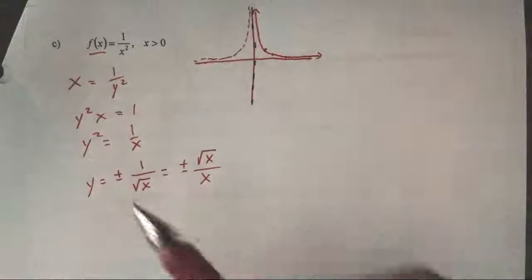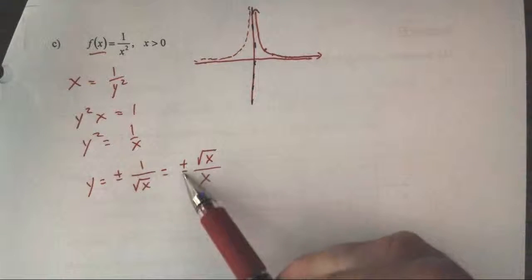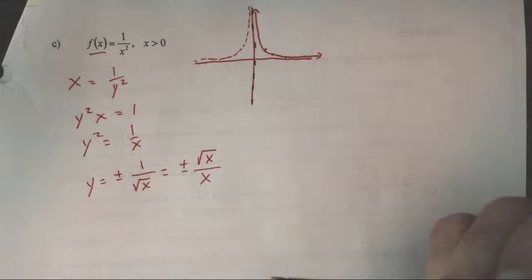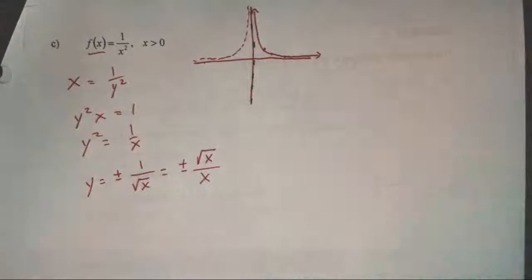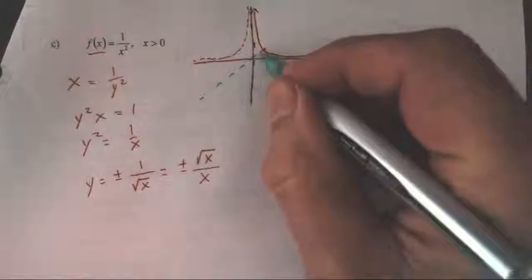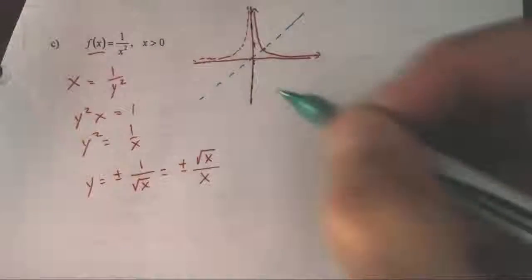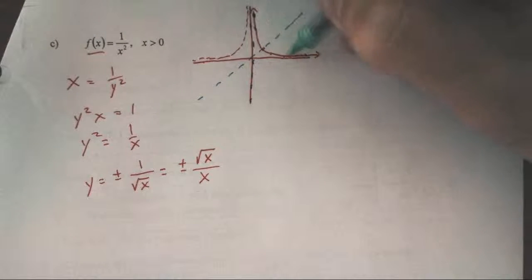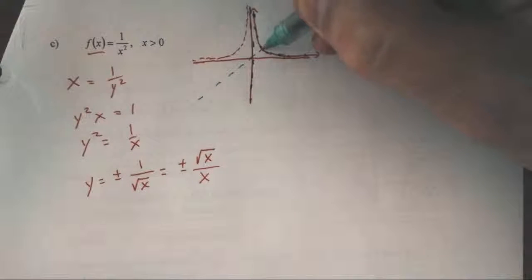Now, as soon as I see that plus or minus, I immediately know we're either not working with a function or we're not working with an inverse function. And remember, inverse functions are symmetric across the line y equals x. And we're only dealing with this right side. So my symmetry across here would take this point to here, and this point to here, and this point to here, and this point right there.